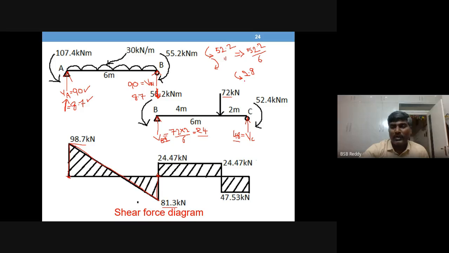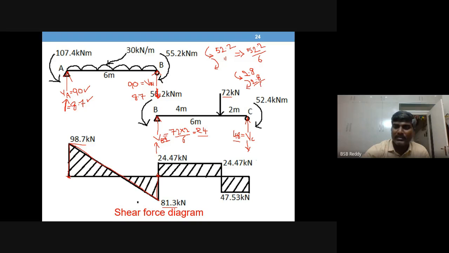So you should develop a clockwise 2.8 to balance that one. So the reaction should develop like this. Clockwise reaction will be developed only by a left upward and right downward reaction. What is the value of the force?